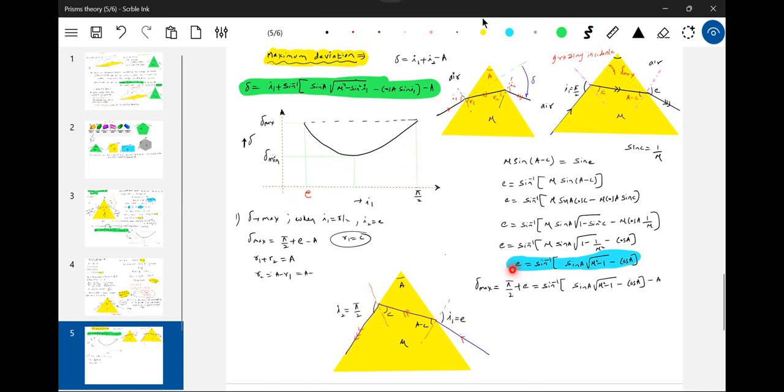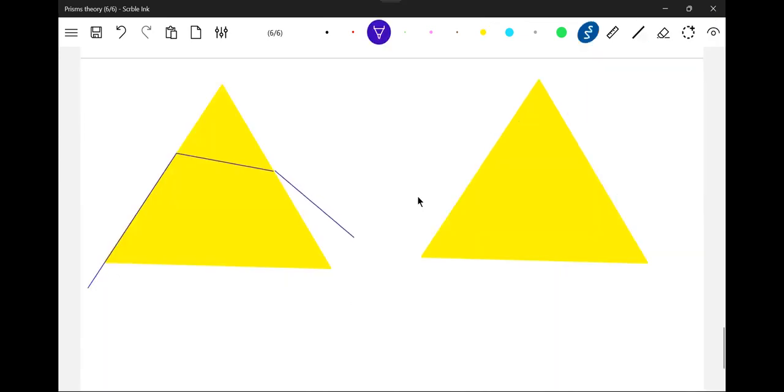So, sir, we are getting confusion. So shall I put one simple thing? For grazing incidence, grazing emergence, the deviation will be maximum. I want 90 degrees.